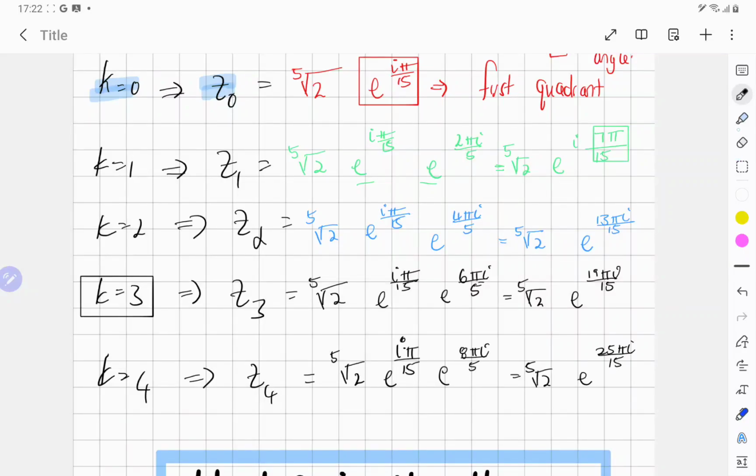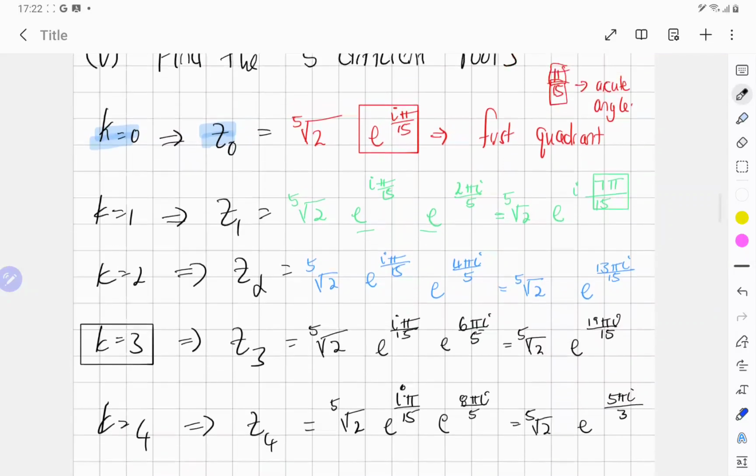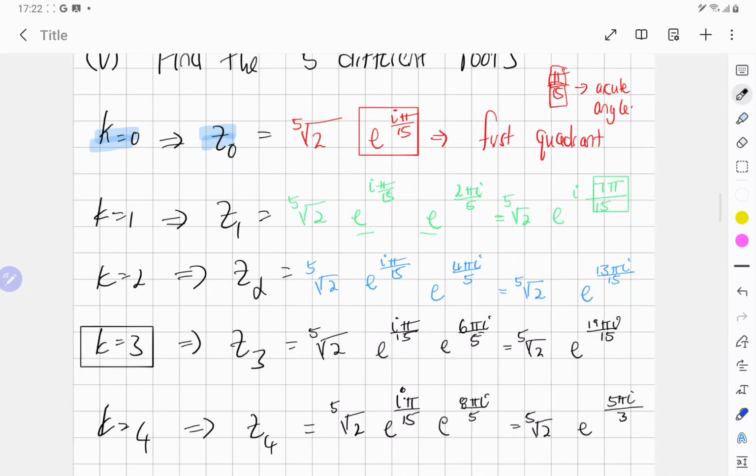But we can simplify that fraction since 5 goes into 15 three times, I will get this answer. So just remember always to simplify in maths where it is possible.